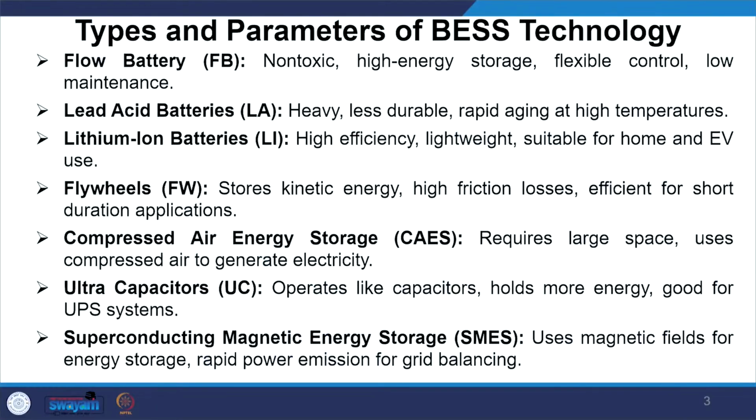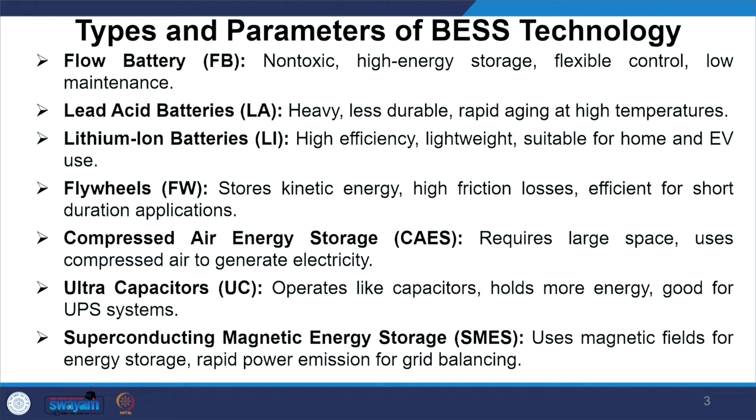Now, there are different types of storage technologies available across the world, popularly known as flow battery, lead acid battery, lithium ion battery, flywheels, compressed air energy storage, ultracapacitors, and superconducting magnetic energy storage. Depending upon the applications, we can use different storage technologies.